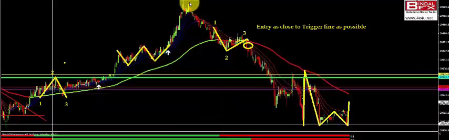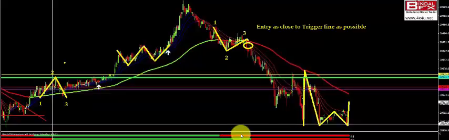Price moves up very nicely, and obviously you are trailing your stops, and as you can now see, I've now got a very good 1, 2, 3, and the Bindal Momentum now has turned short.